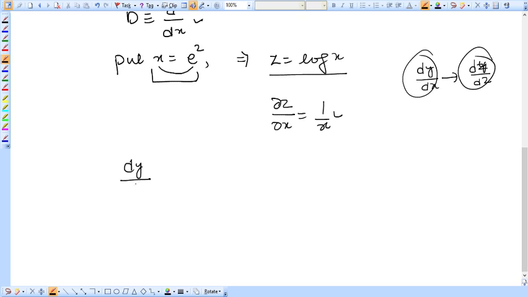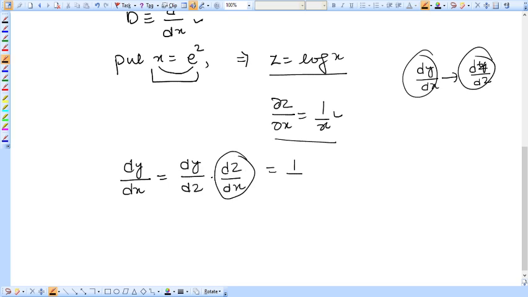We have to change this x also into z. So it could be written equal to dy over dz into dz over dx. We know this is equal to 1 by x, so dy over dx is equal to 1 over x dy over dz, because dz by dx is equal to 1 upon x.